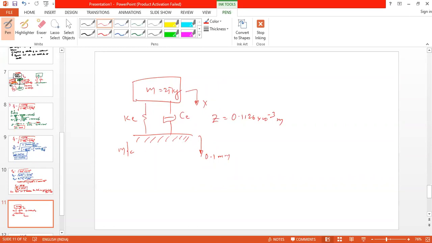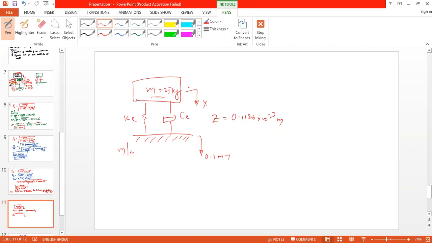In this case, because of the displacement of the support and the inertia force due to mass, there will be the resistance offered by the spring and damper. Resistance is nothing but the load, the force which is being applied against this displacement.